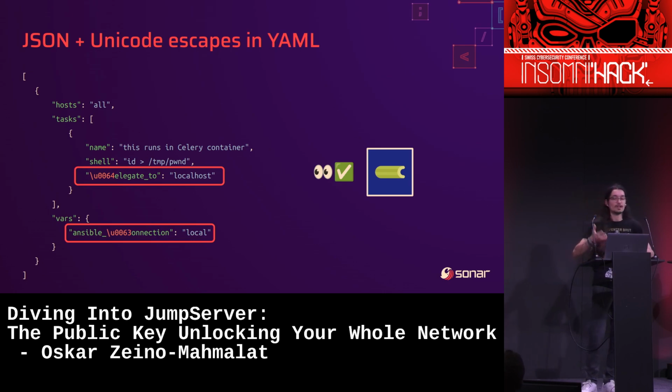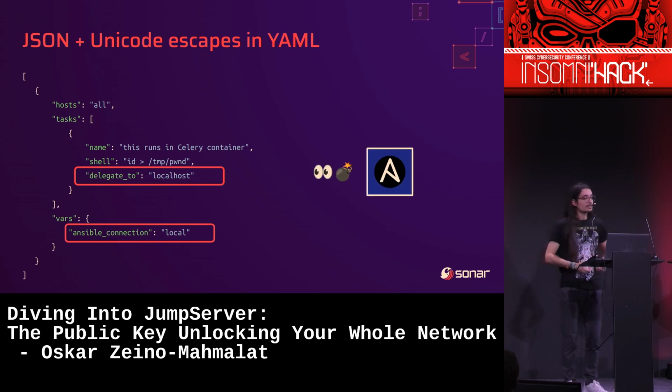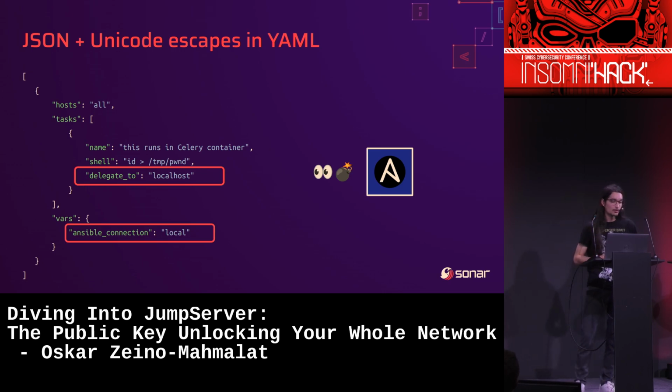And of course, there aren't, because there's something about a backslash U. I don't know what that means. Not a blacklisted thing. But if I now give this further to Ansible, it of course uses a full YAML parser, and these things will be decoded and read as what they actually mean. And so the task will still run locally.